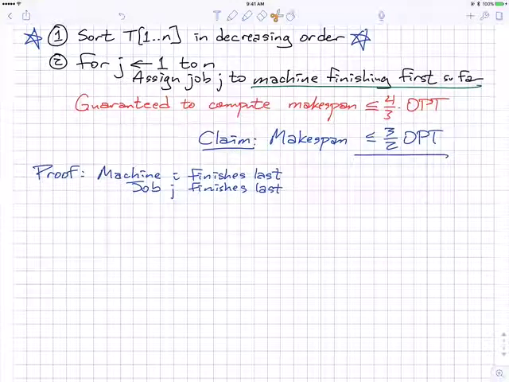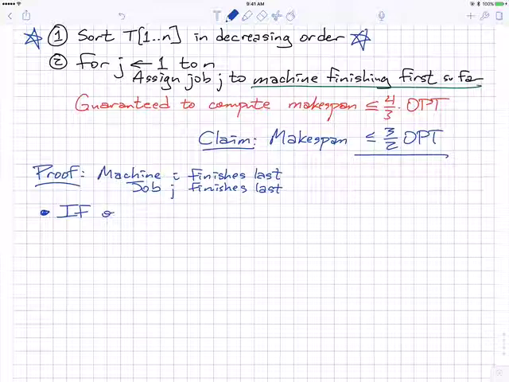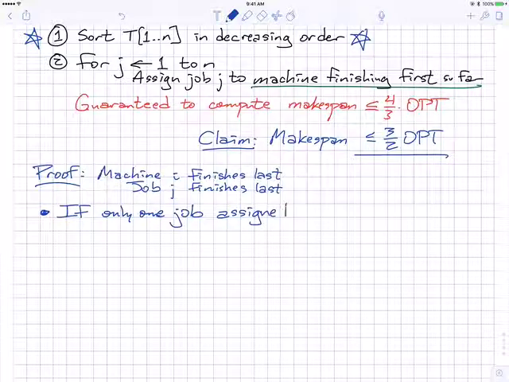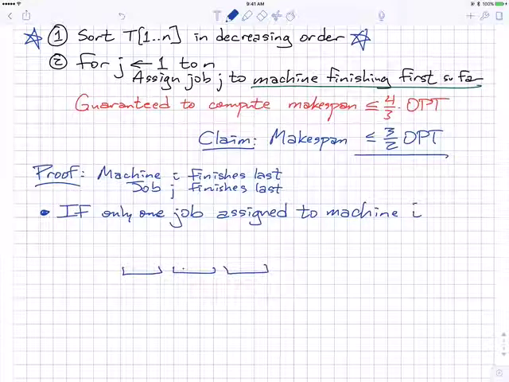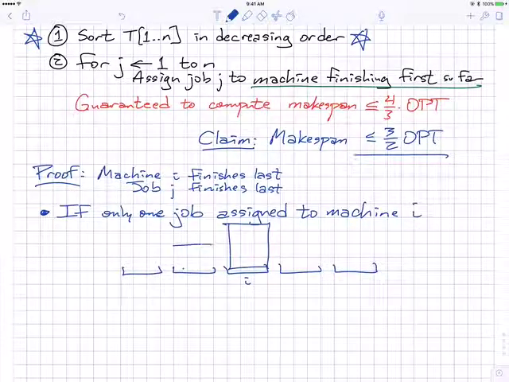All right. So there's actually a couple of cases to think about. One is if there's only one job assigned to machine I. In this case, the schedule looks something like this.